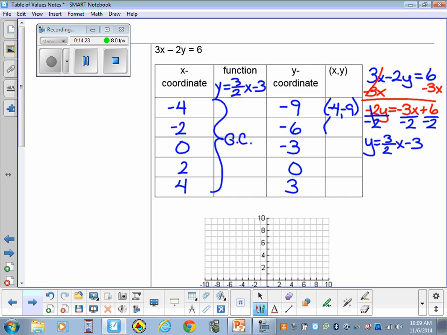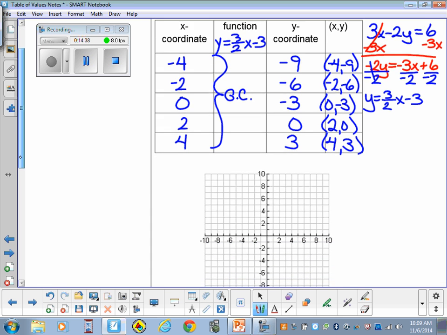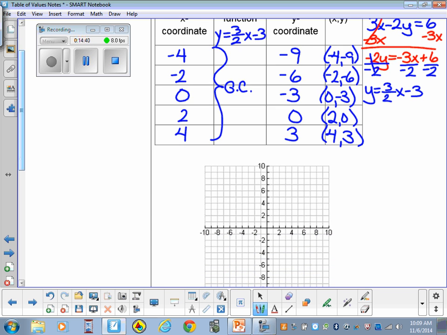Negative 4, negative 9; negative 2, negative 6; 0, negative 3; 2, 0; and 4, 3. Really like that table feature on my calculator. Saves me a lot of substitution and order of operations.